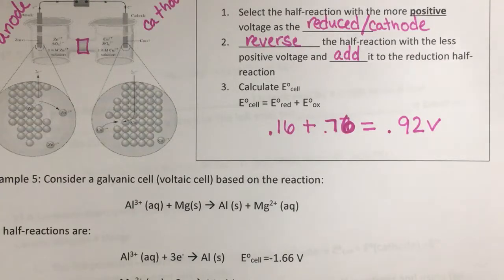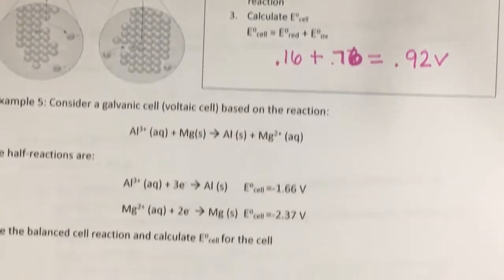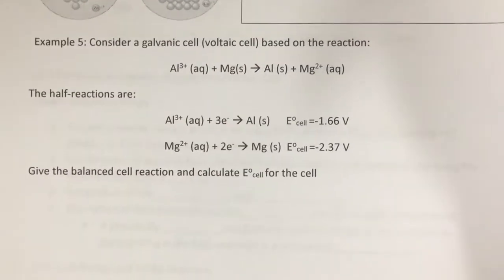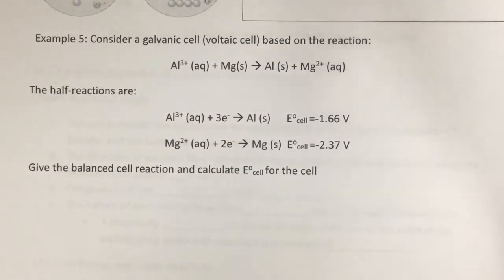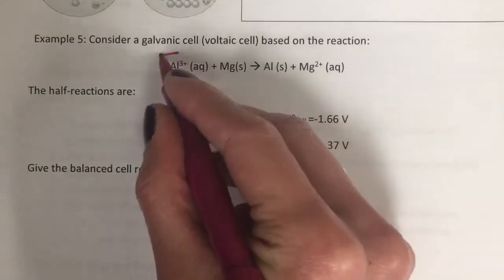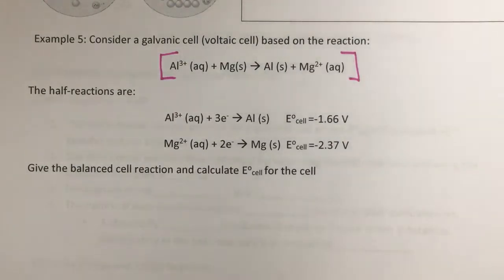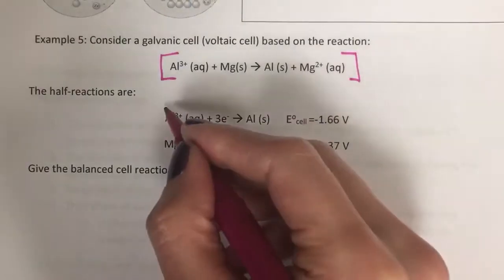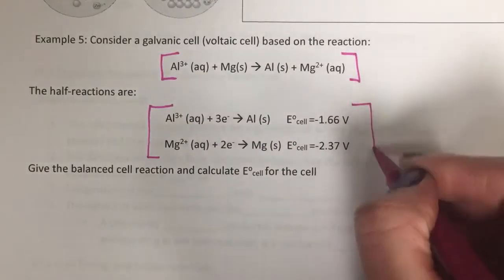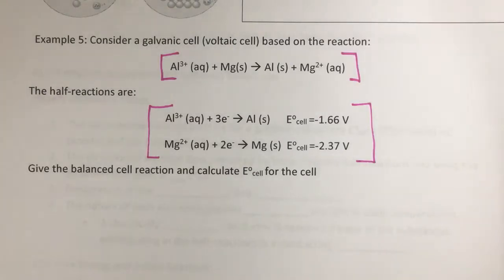Okay? So take a second and look at example 5. I've got my galvanic cell, aluminum 3+ and Mg solid is going to make aluminum solid and Mg 2+. They give you the two half reactions, and they give you the voltage.